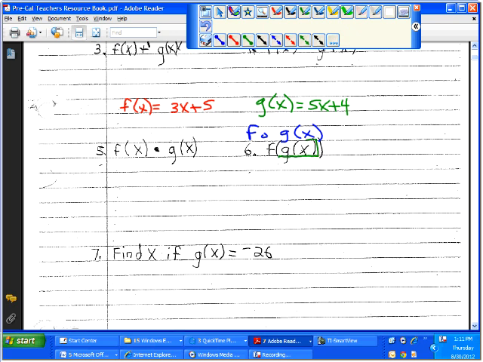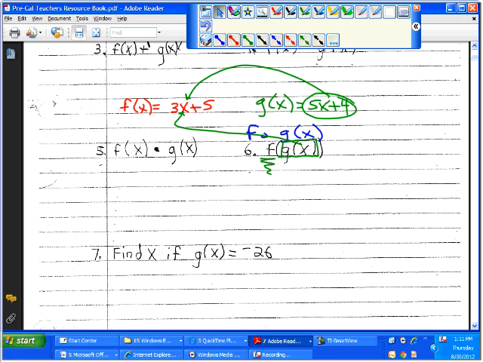It's saying take this whole g function and put it in place of the x in the f function. In the f function, replace the x with g of x. So we're going to take this whole thing right here and stick it in there where the x was.